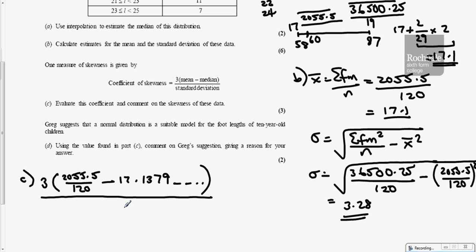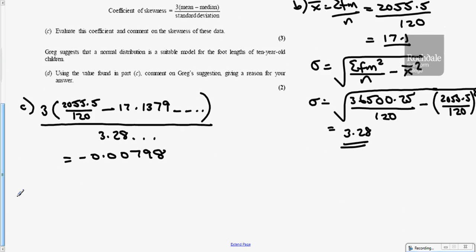On the bottom, we put the standard deviation. Again, make sure you use the full answer off your calculator, not the rounded one. And when you work that out, it comes out to be very, very small, minus 0.00798. So it says evaluate this coefficient and comment on the skewness of the data.